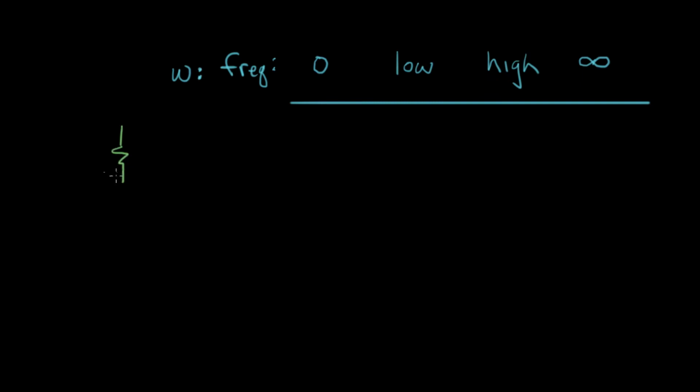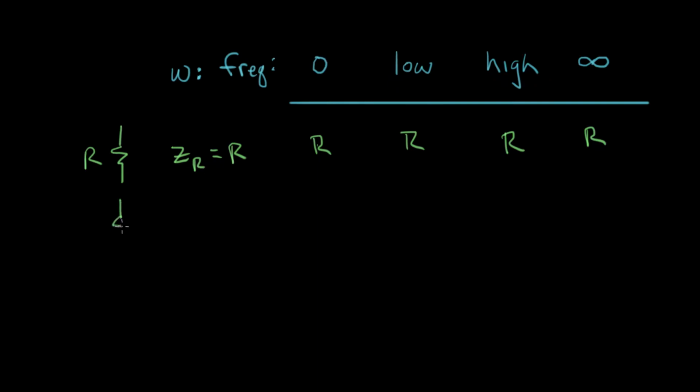First we'll do our resistor, and we're going to fill in the table for ZR. And we know that equals R. So at any frequency, R is just R. Couldn't be simpler. At zero frequency, which is just called DC or a battery, R is R. At any low frequency, R is R. At infinite frequency, R is R. So there's no dependence on frequency in R.